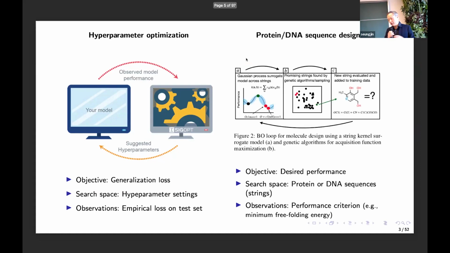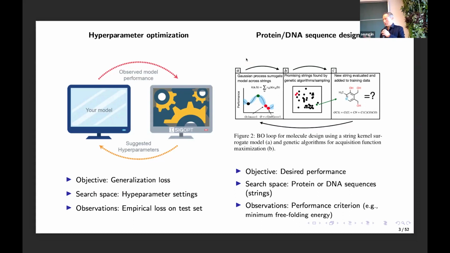These days Bayesian optimization is becoming more popular in the material or bio areas. For instance, we would like to design a protein sequence to satisfy certain goals. Sequence design is a combinatorial problem.